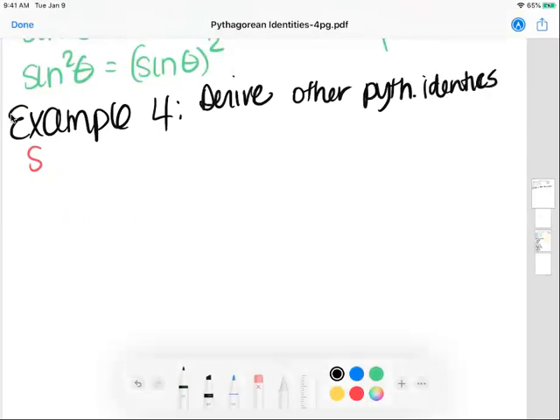I have sine squared theta plus cosine squared theta equals 1. I am going to start this. It's an equation, so as long as I perform one operation on both sides of the equal sign, our equation remains equivalent. So I'm going to divide everything by sine squared theta.